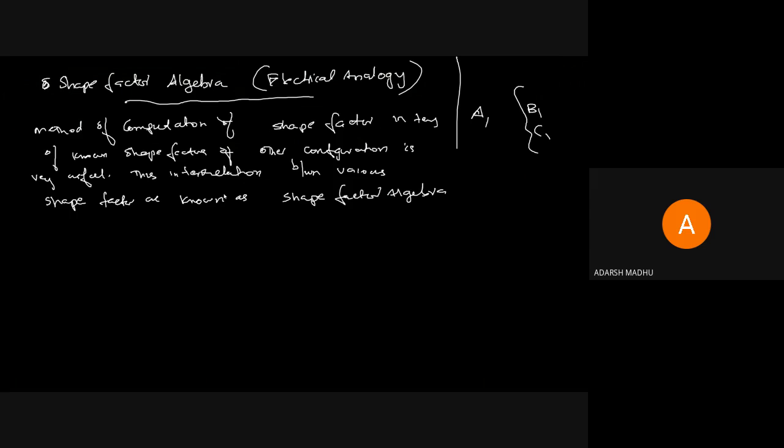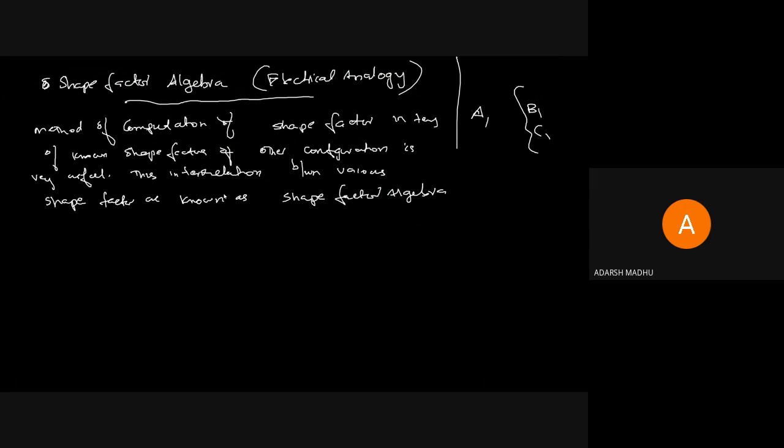So what is a particular shape factor algebra that I defined for the last session, that it is a method of computation of shape factor. Okay, it is a method of computation of shape factor by using the known shape factor values of other configuration.